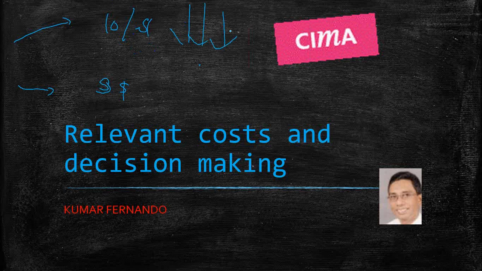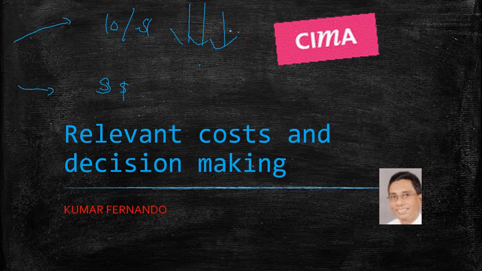But on the other hand, you may find that you can sell it at 10, but there's a special order coming, which, if you can sell it at 9, you may not get a big profit, but still you will get some additional profit. So I'm using the term additional or incremental profit.